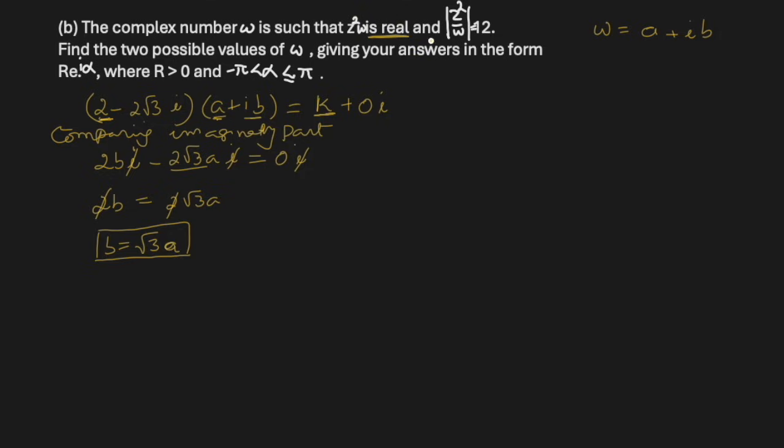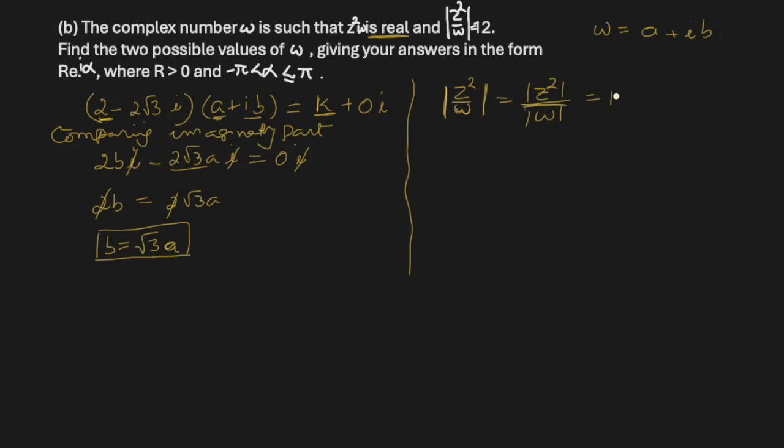So I just looked at this one. Now I will look at this one. And the magnitude of z square w is 12. So let me do it here. The modulus of z square w, actually this w was omega, okay, is the same as the modulus of z square over the modulus of w. This is a property of complex numbers, that if there is a modulus around a multiplication of complex numbers, we can split them individually also, we get the same modulus.